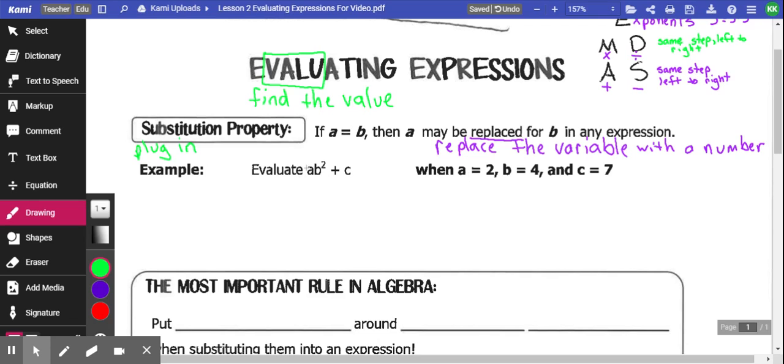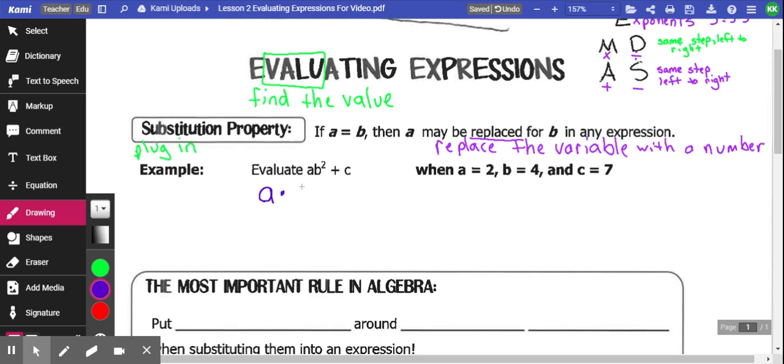Before I start plugging in numbers, I want to look more closely at what our letters actually mean. So I have A and B, and remember when you have a letter or two letters right beside each other, that means multiplication.